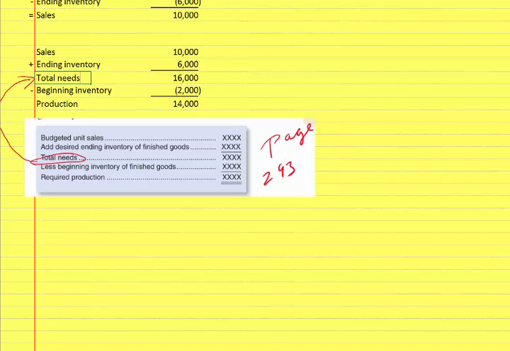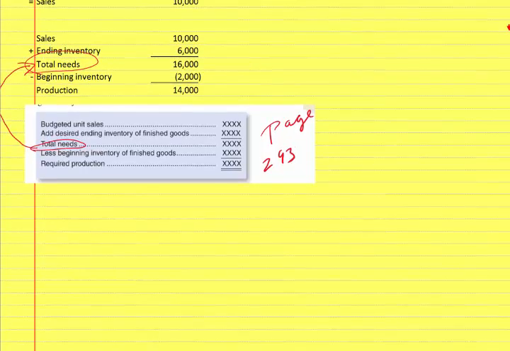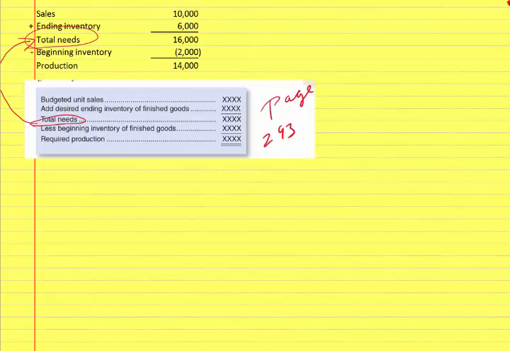And the idea is we're going to ship 10,000 units to our customers, and we want 6,000 units left in ending inventory, so we need 16,000 units. And the question is, where are those units going to come from? And if we already have 16,000 in beginning inventory, we don't have to make or produce any. In this case, we only have 2,000 in beginning inventory, so we're going to have to produce 14,000.